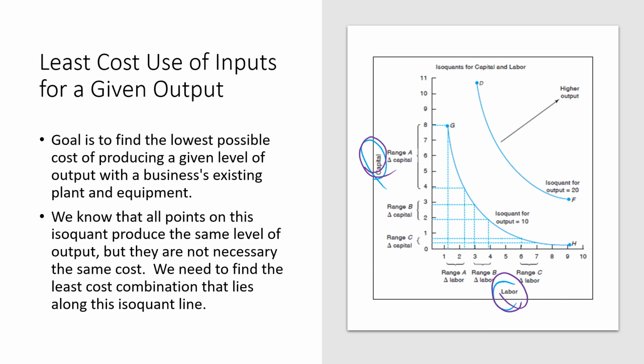When we put these two together, we can find the cheapest combination of the two different inputs to produce a specific output. So if we wanted to produce 20 units of product, and we also have an ISO cost line, then we can figure out the cheapest combination of capital and labor to create those 20 units.